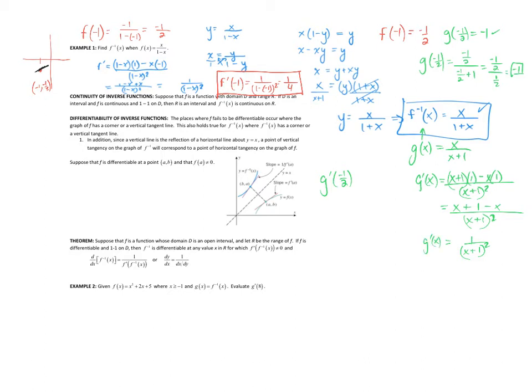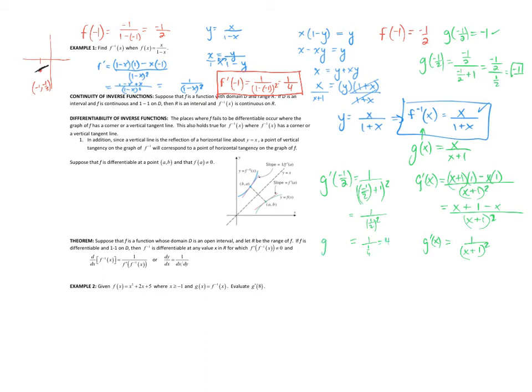So g prime of negative 1/2 is going to be 1 over negative 1/2 plus 1 squared. So that's going to be 1 over, negative 1/2 plus 1 is, I'm sorry, 1/2, and once we square 1/2, we're going to get 1/4, and we get 1 over 1/4, and we get 4.